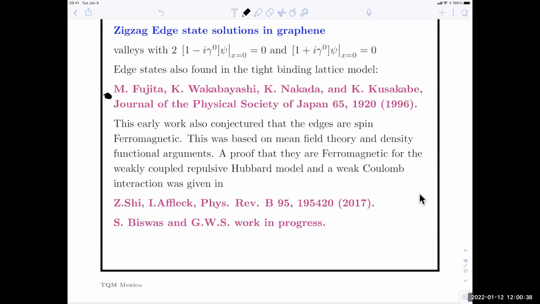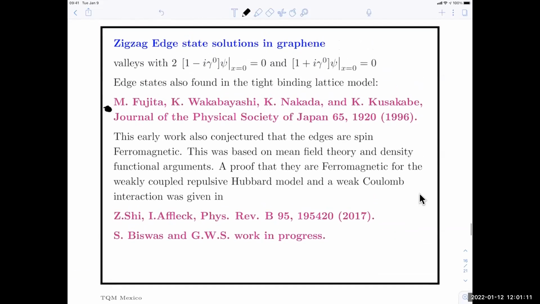So each of those things that sticks out, there's one state sitting there, populated by an electron, and the spins of those electrons like to line up. So the edge is ferromagnetic. This is seen by mean field theory arguments and later on density functional arguments and so on. And there's even a proof at the lattice level that the weakly coupled Hubbard model will have this sort of ferromagnetic edges.